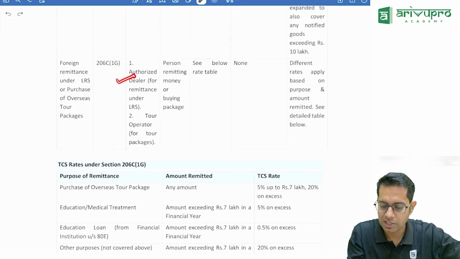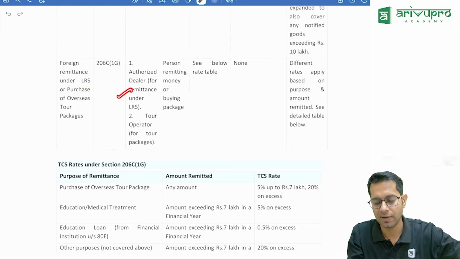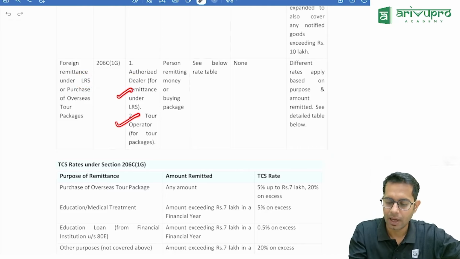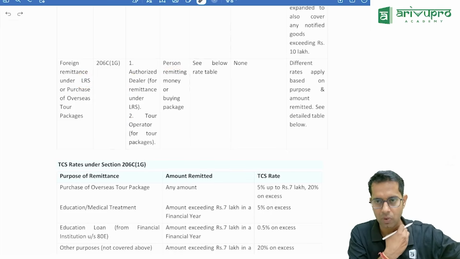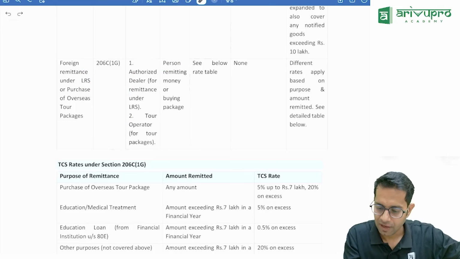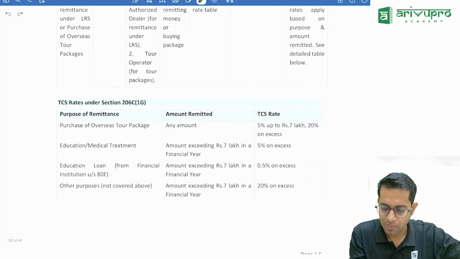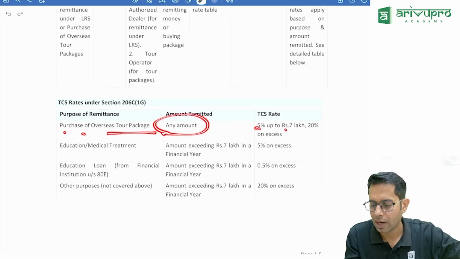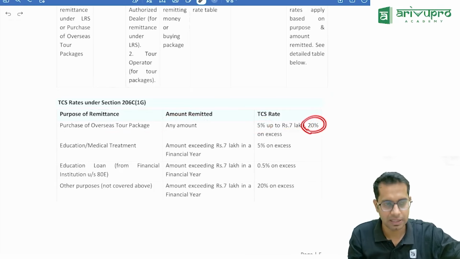If the authorized dealer who is giving the money, or a tour operator who is booking the package for you, does that, they are the person collecting. So what is the limit now? If you are purchasing tour packages, for up to 7 lakh rupees the rate is 5%, and if the amount is more than 7 lakh rupees, then 20% TCS is applicable.